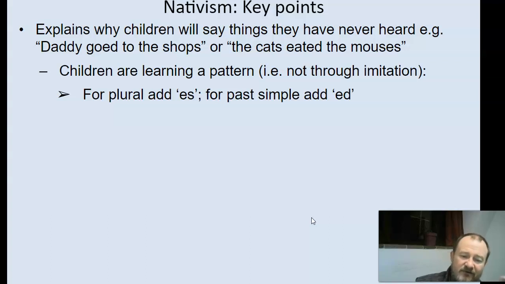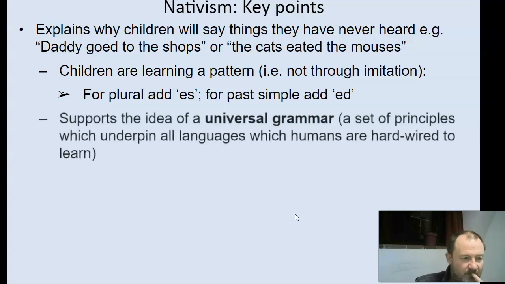But that only gets them so far. They can learn those rules through exposure, but then they also need to learn that there are exceptions, that not all plurals add es. So mouse, mice, sheep, sheep. There are exceptions which are going to bamboozle children.